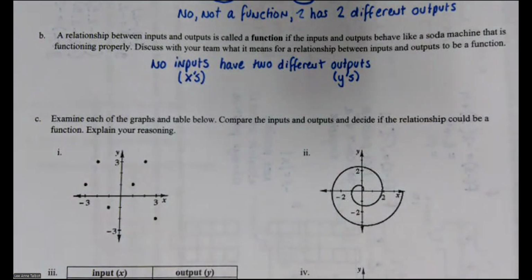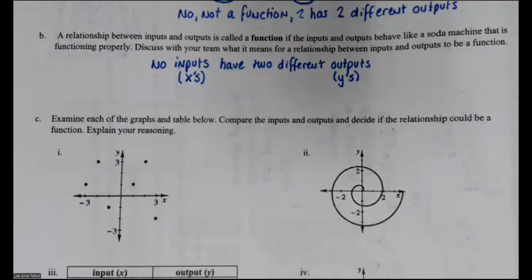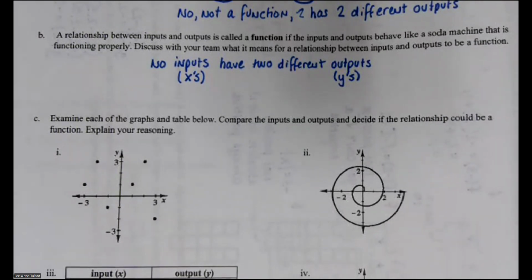Okay, now I'm going to teach you, it's kind of a trick. It's not really a trick, it's a technique, but it's kind of a trick to tell whether or not something's a function on a graph. Can you tell me what were the two circled coordinates in table 3?